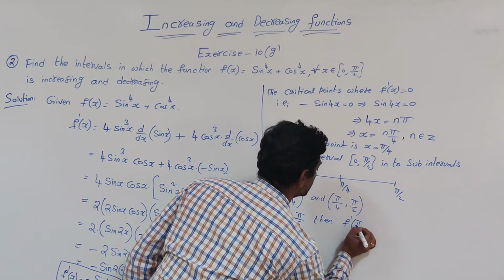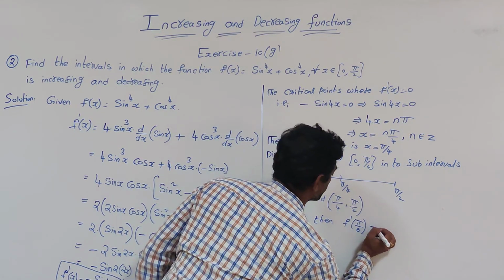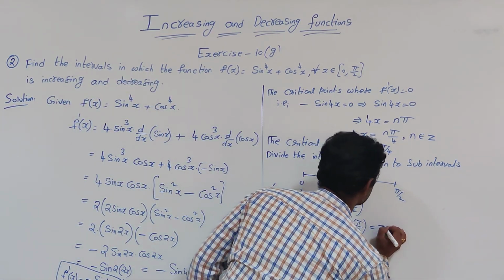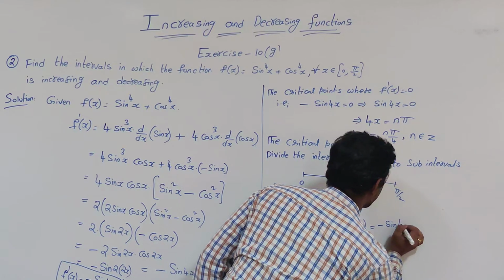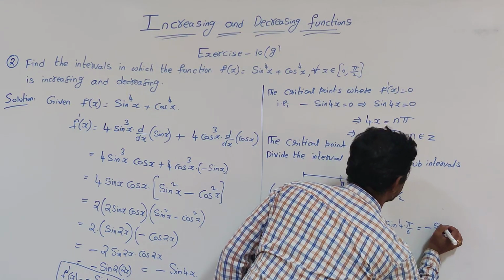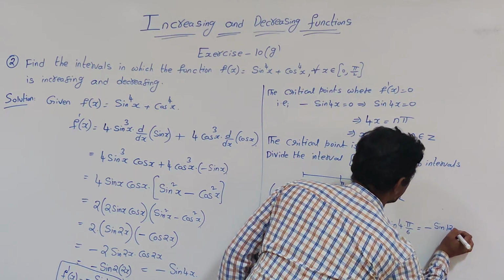Then f dash of pi by 6 is minus sin 4 times pi by 6, which is minus sin 120 degrees.